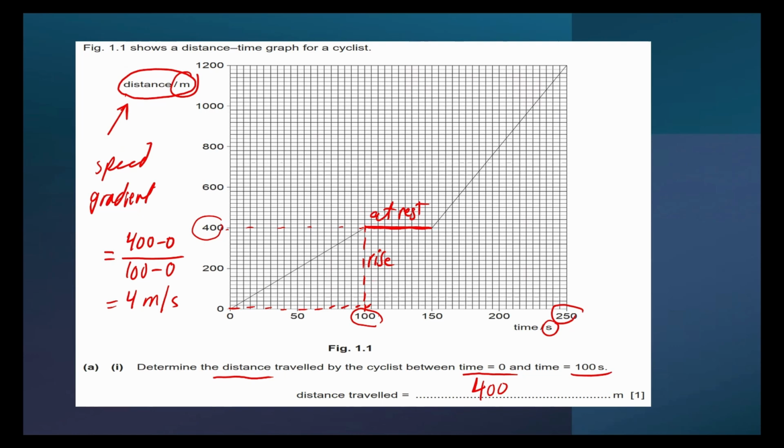So you can say that between 100 seconds and 150 seconds, the cyclist was stationary. From 150 seconds to 250 seconds, the cyclist was moving at a constant speed.